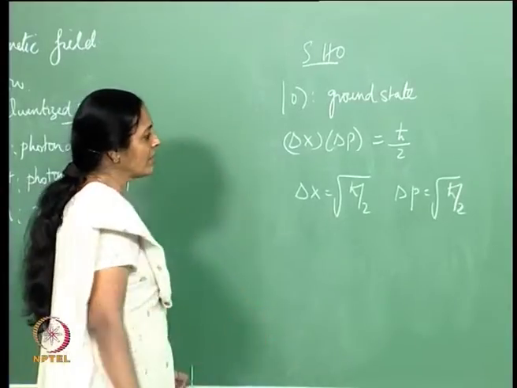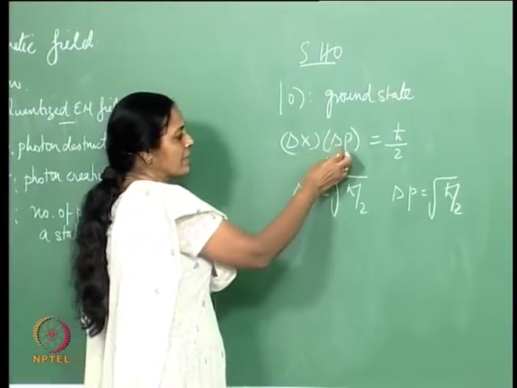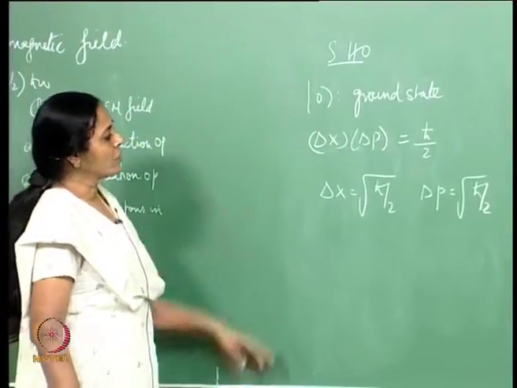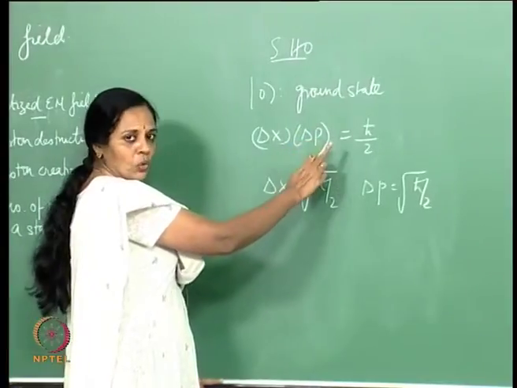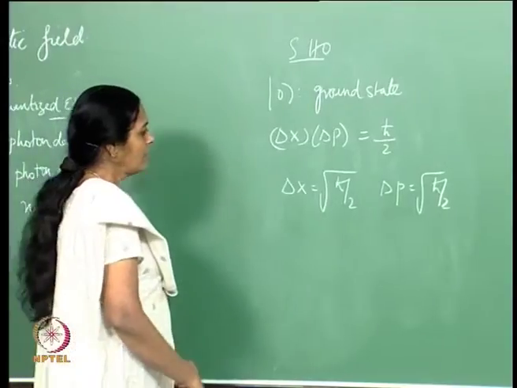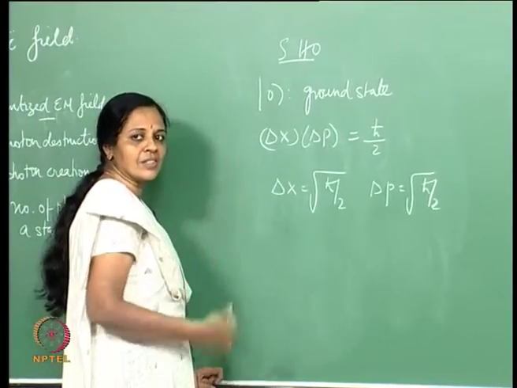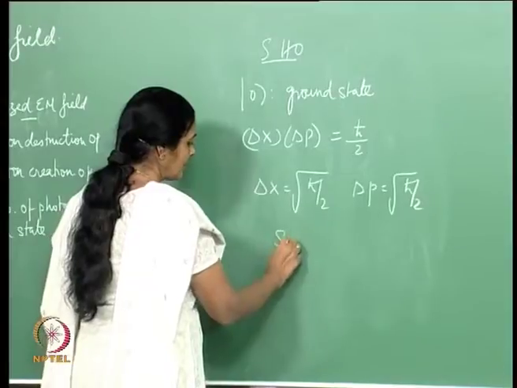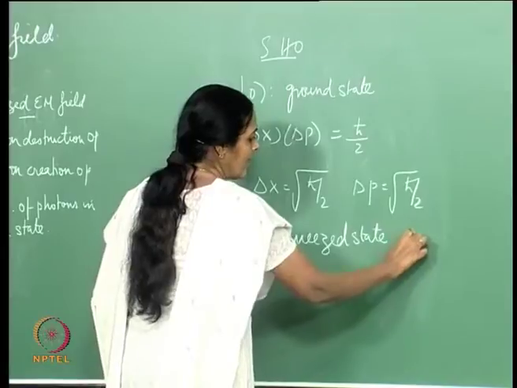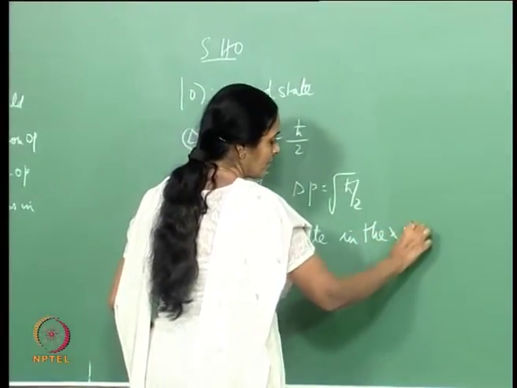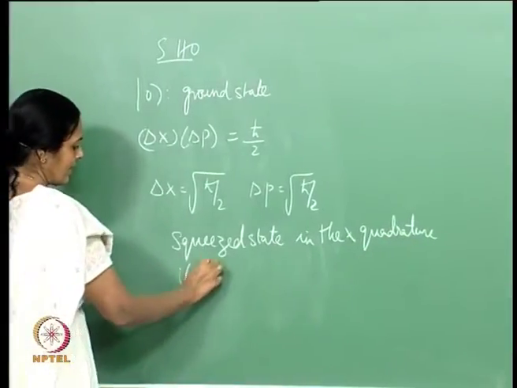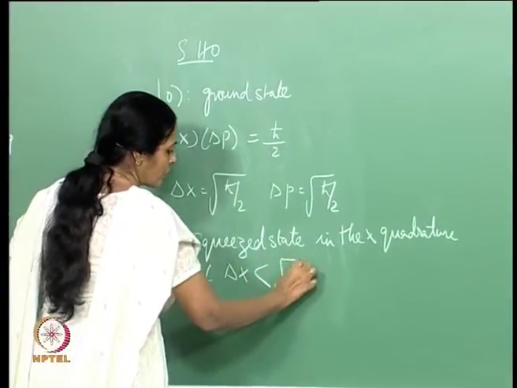The general uncertainty relationship tells us that delta x delta p is greater than or equal to h cross by 2, and certainly for the excited states of the oscillator, the inequality holds. Delta x delta p will be greater than h cross by 2. Now, we say that a state is a squeezed state in the x quadrature, if you wish, if delta x is less than root of h cross by 2.